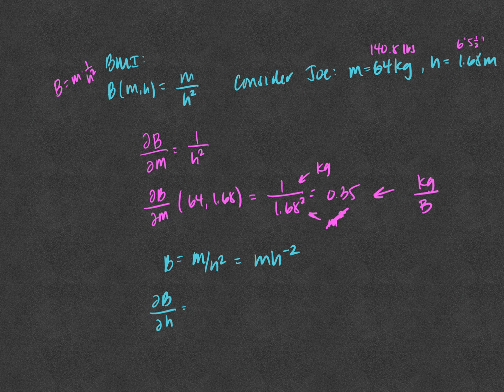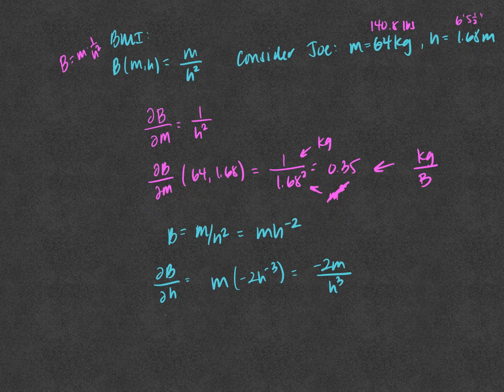So when we take the partial derivative with respect to h, we're going to keep the mass. And then the derivative of h to the negative 2 is negative 2h to the negative 3. So we end up with negative 2m over h to the third. Now notice this is going down. So every time his height goes up, since we're keeping mass the same, then his body mass index goes down. It will decrease because we have a negative slope.